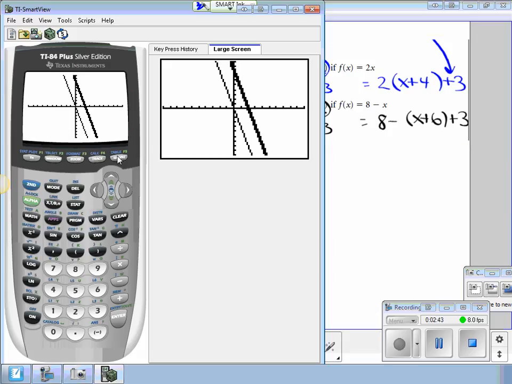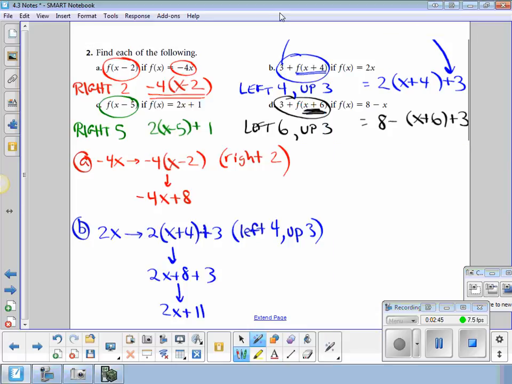What would happen if you did that with the blue one? The instructions on the page said, replace the x in the line 2x with x plus 4. And we did. And then it said, tack a little plus 3 on the end.